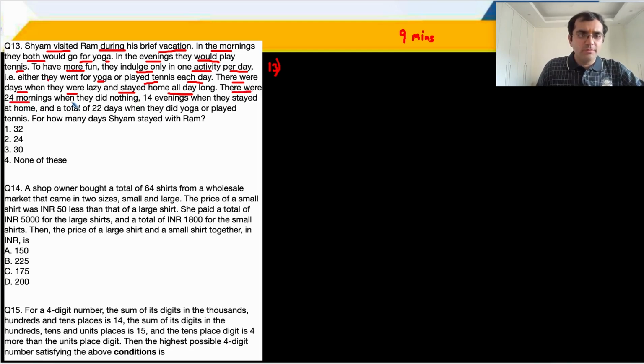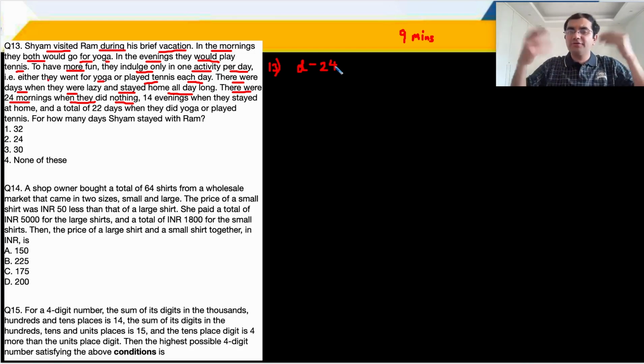There were 24 mornings when they did nothing. So let me say that in total they were together for D days. If 24 mornings they did nothing, that means D minus 24 mornings they did something. And of course that evening they did not do anything because only one activity per day. 14 evenings they stayed at home, meaning they did nothing.